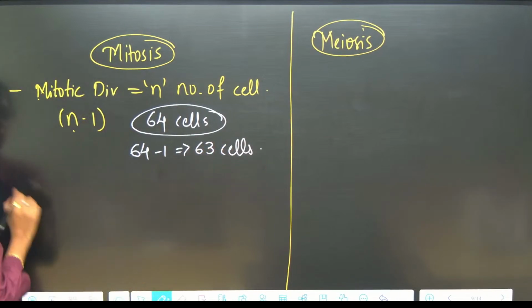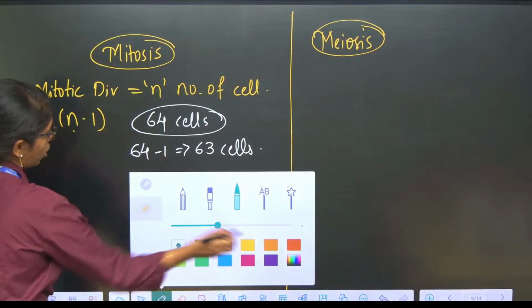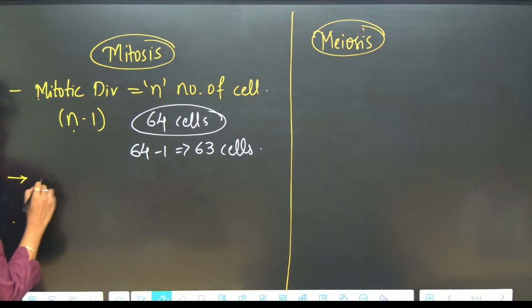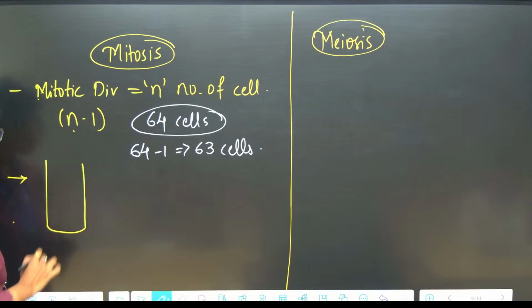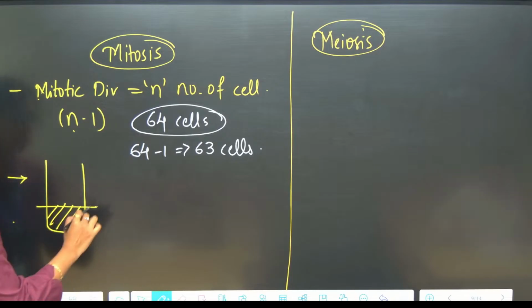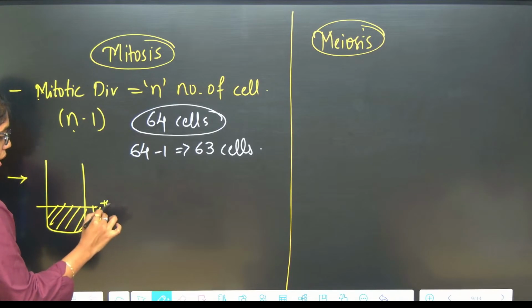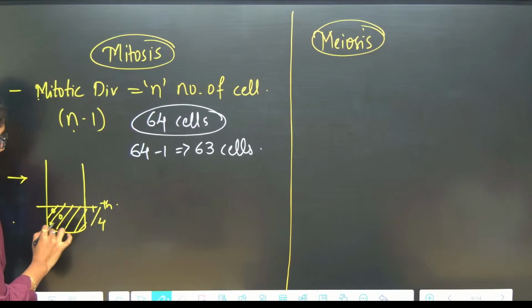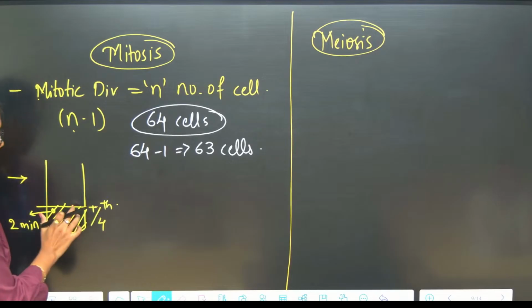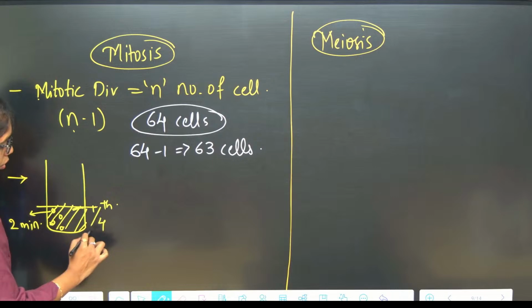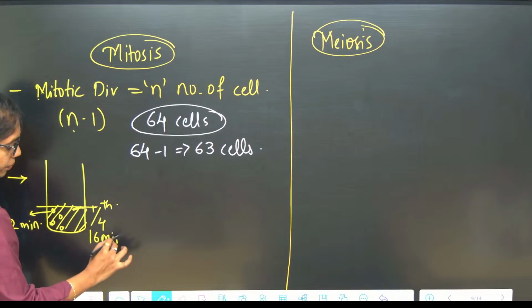And next is this test tube type of question, wherein in a single test tube 1/4 of bacteria is present. In this each bacterial cell division time is, let's take 2 minutes, and to fill 1/4 it took 16 minutes of time.